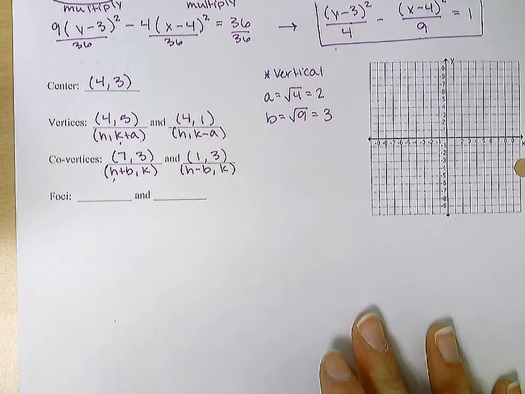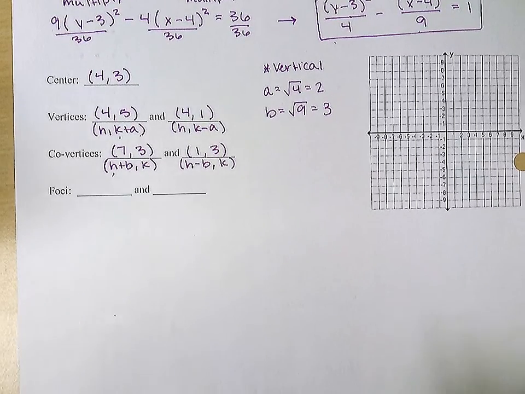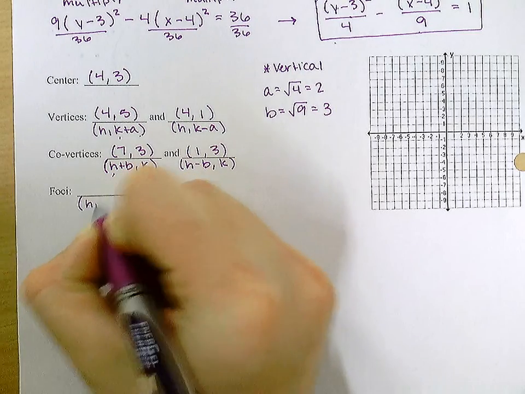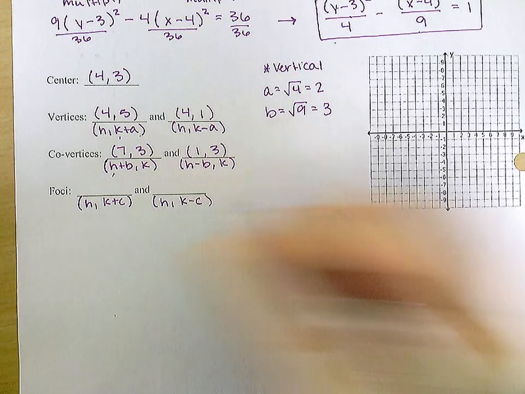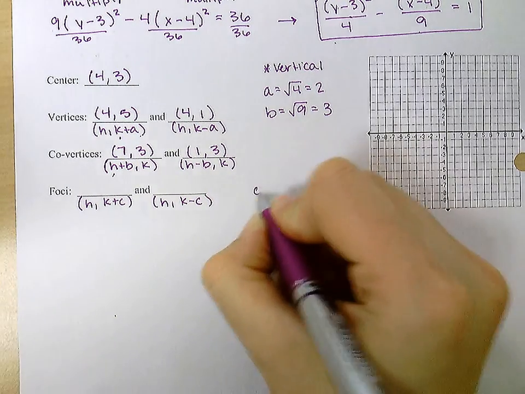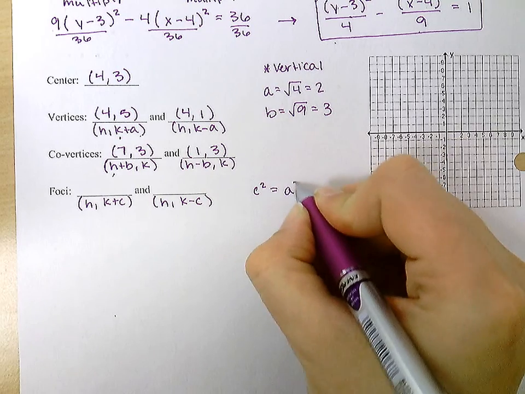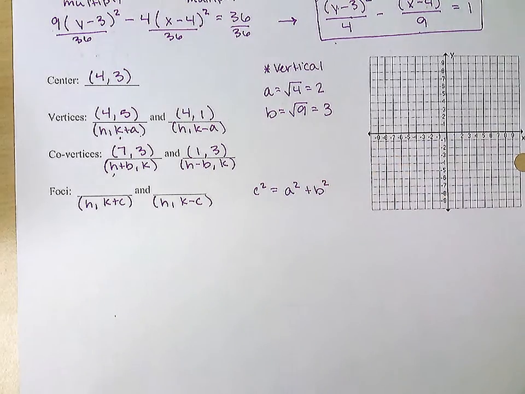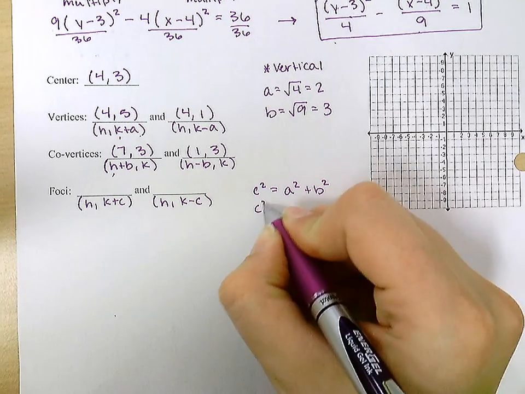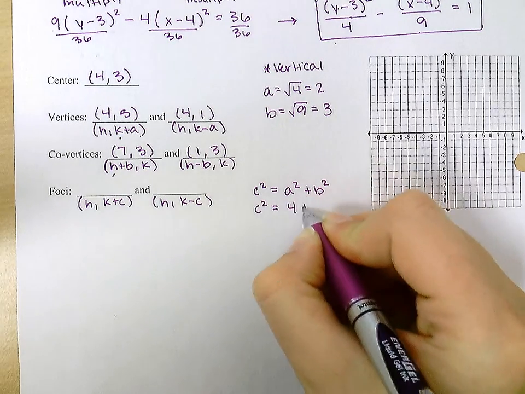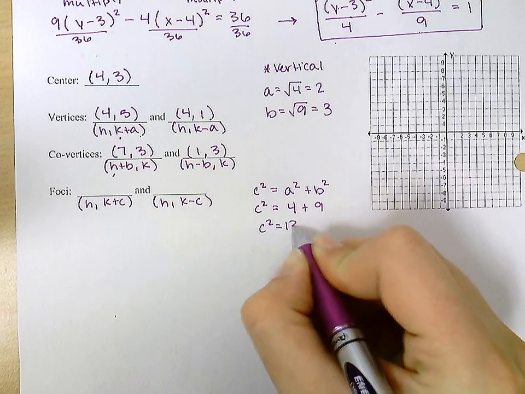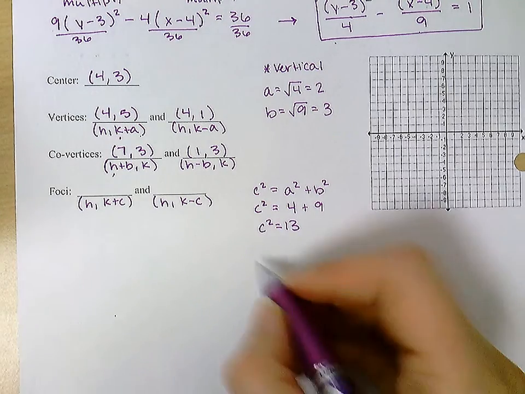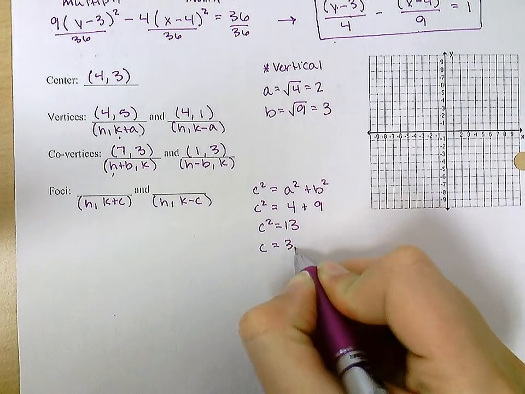And then our foci points, we use c to find those, and that is at (h, k plus c) and (h, k minus c). So using that c squared equals a squared plus b squared equation, our a squared value is 4, b squared is 9. So c squared is equal to 13, which is about 3.6.